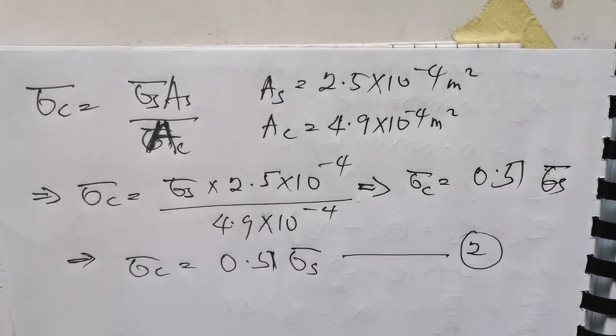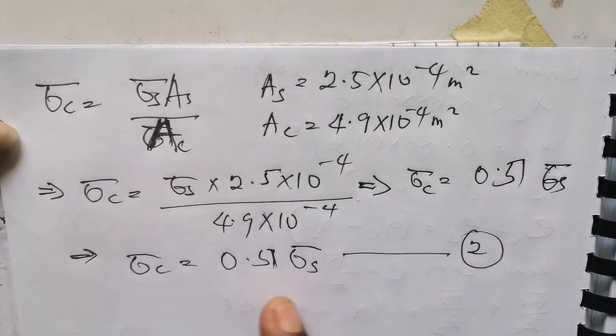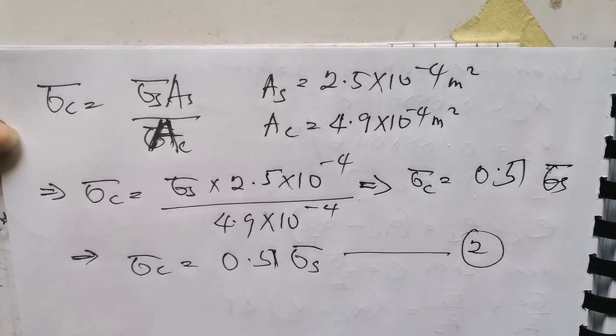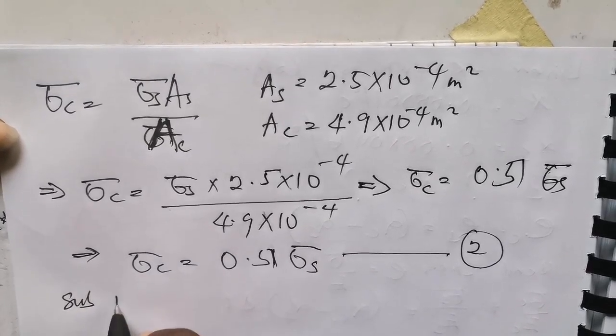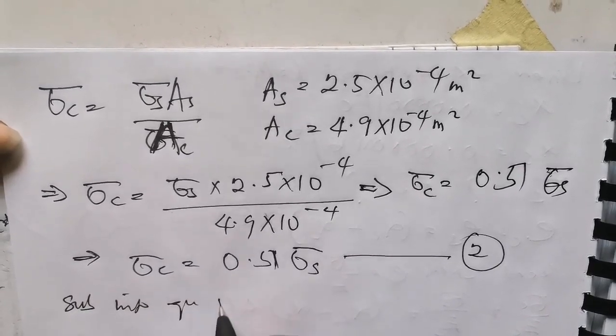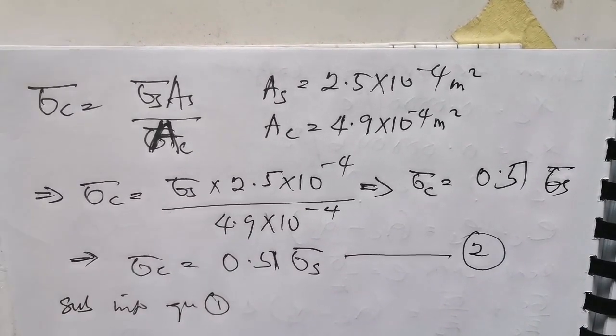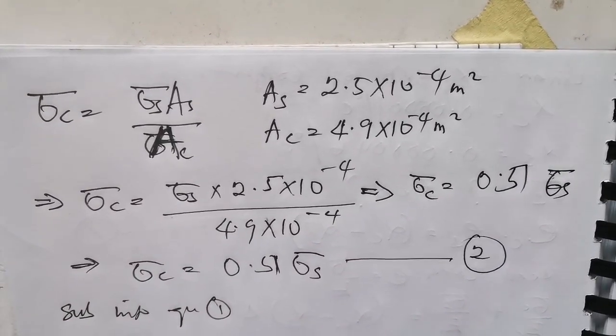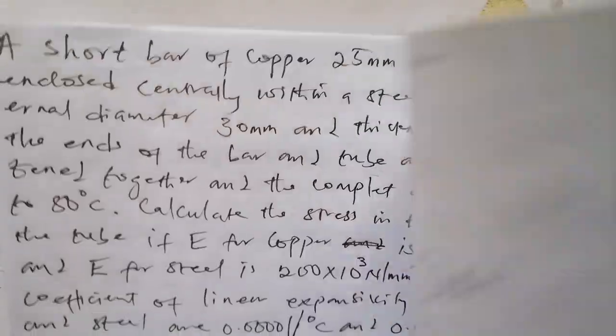Okay, so having found this now, it means we can go back to equation 1 and, in place of stress of copper, put this value. So substitute into equation 1. So let's fall back to equation 1 and see what we have there.